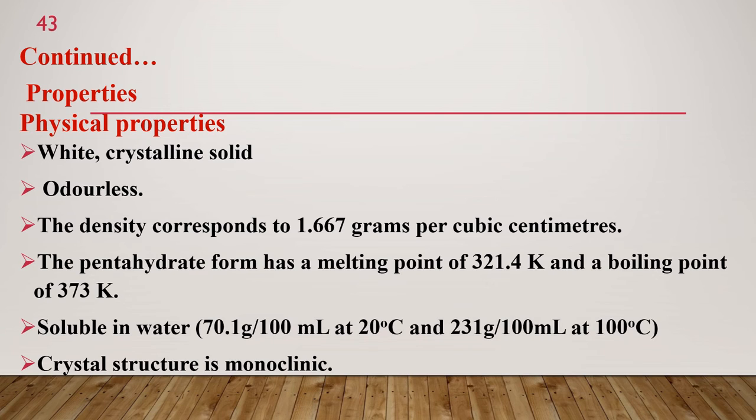The pentahydrate form of this salt has a melting point of 321.4 Kelvin and a boiling point of 373 Kelvin. The solubility of sodium thiosulfate in water is 70.1 gram per 100 ml at 20 degrees Celsius and 231 gram per 100 ml at 100 degrees Celsius. The crystal structure of sodium thiosulfate is monoclinic.